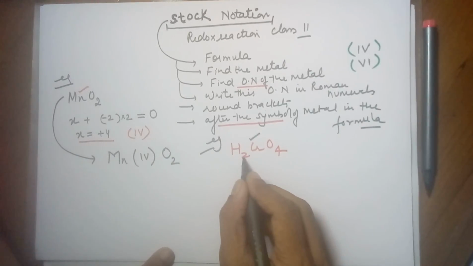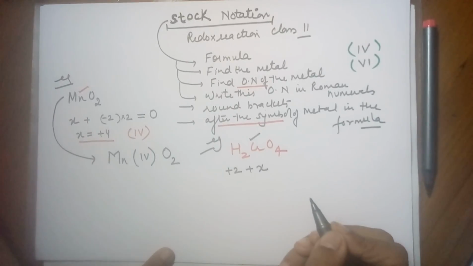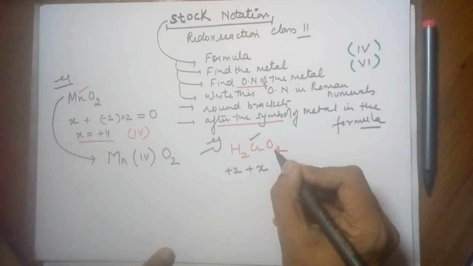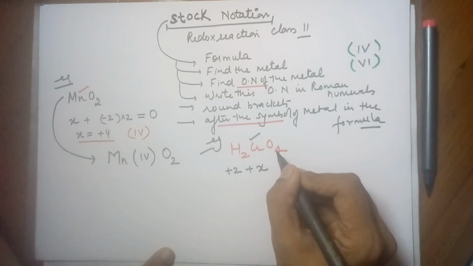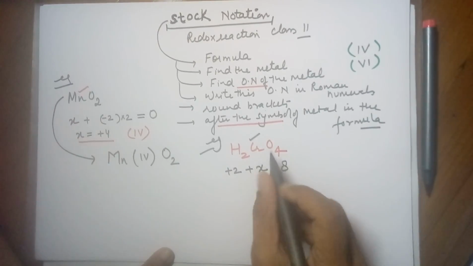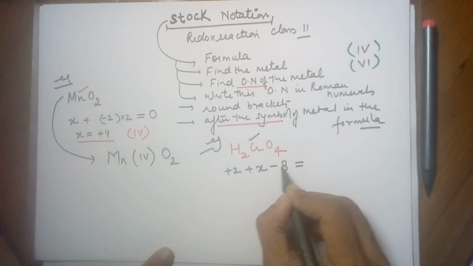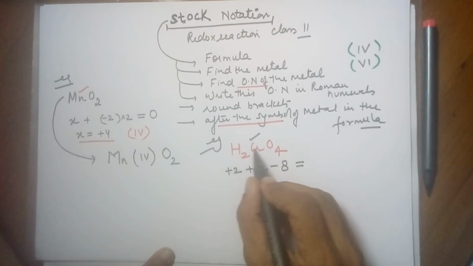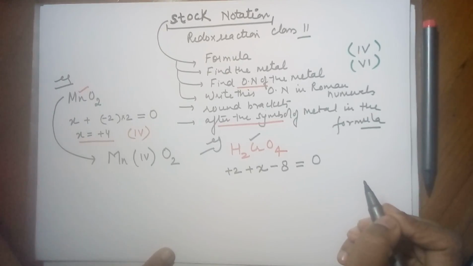So you have 2 times +1 makes it +2. Chromium you do not know, so you write an X. Oxygen's common oxidation number is -2. Each oxygen has a -2. There are 4 such oxygens, so -2 4 times will make it -8. Since net there is no charge visible on this formula, the total sum of all the oxidation numbers of each of the atoms comes out to be 0.